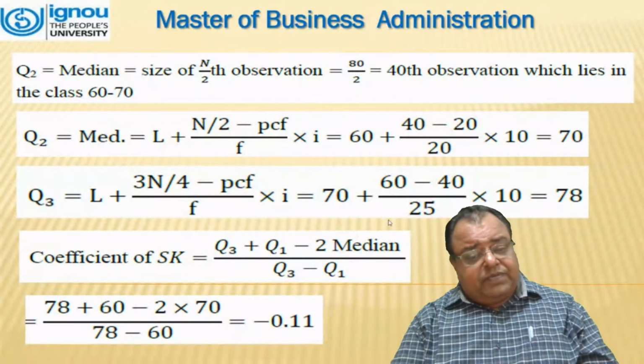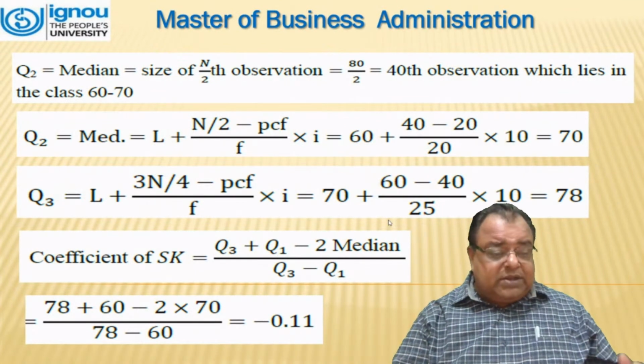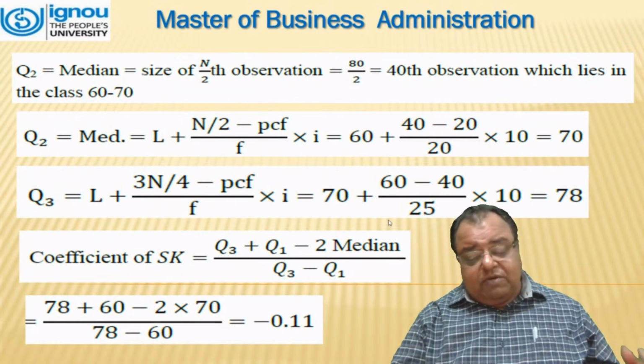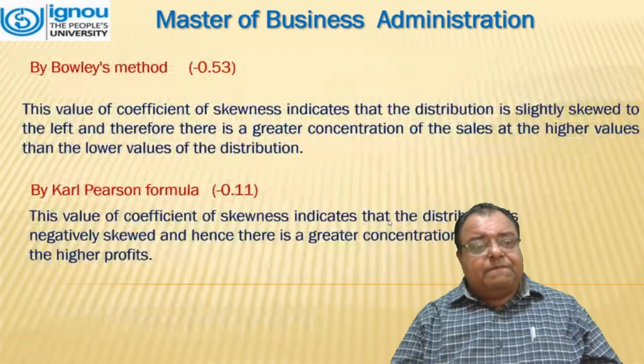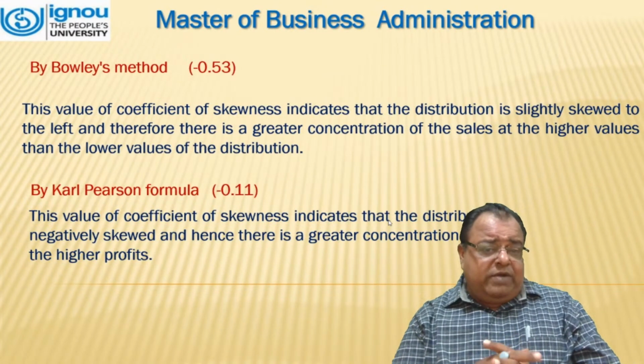We know the formula is Q3 plus Q1 minus 2 times the median upon Q3 minus Q1. Putting in all the values, we get negative 0.11. In Bowley's method, we got negative 0.53.